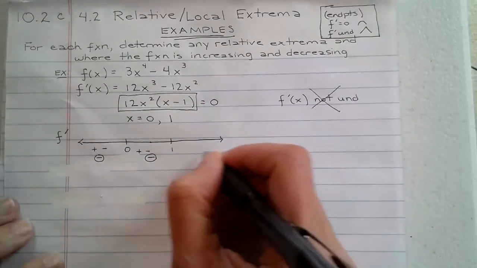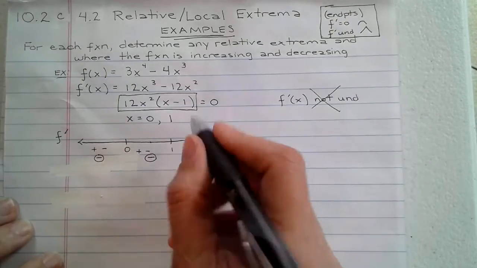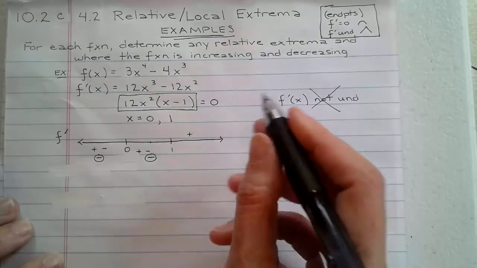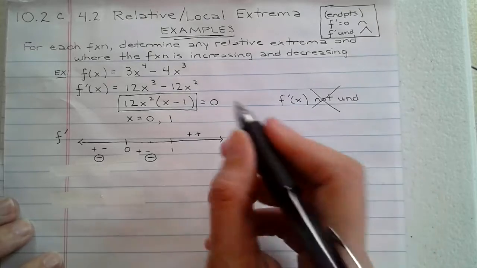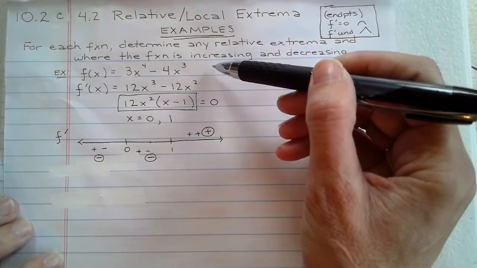And then when I go over here to plug in something positive, I'll go with a million. This is a really big positive number. A million minus 1 is still a pretty big positive number. So our derivative value will be positive there, which means the slope of this graph is positive there.